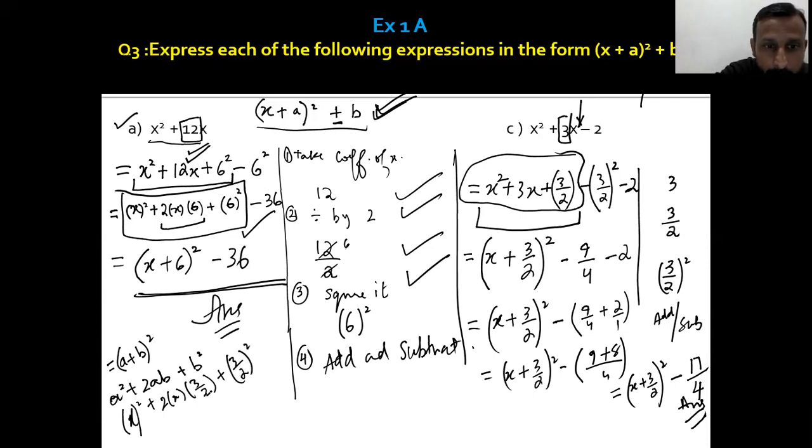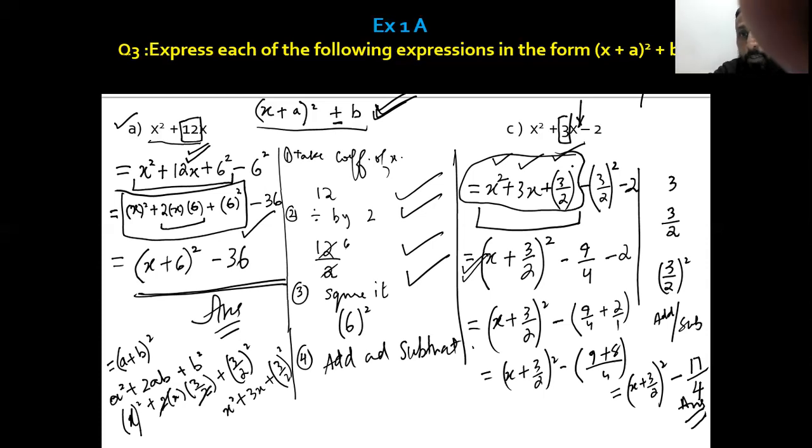All right, this 2 and this 2 cancel each other out. So I have over here x square plus 3x plus 3 upon 2 the whole square. You see this? Okay, so finally when you substitute these values in a plus b the whole square, you will get this form, x plus 3 upon 2 the whole square. Now what I did, I added on my own 3 upon 2 the whole square.